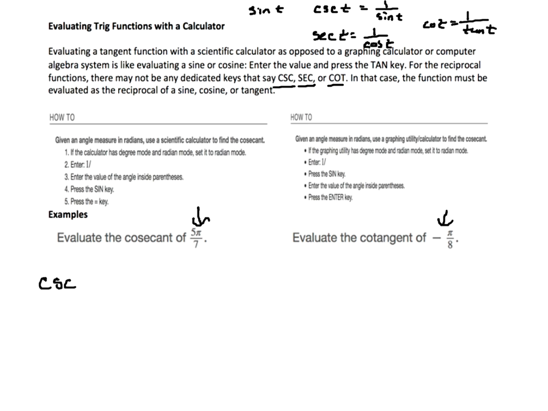Okay, so the cosecant of 5 pi over 7, also you want to make sure you're using your pi key and not rounding to 3.14. This is the same thing as 1 over the sine of 5 pi over 7.